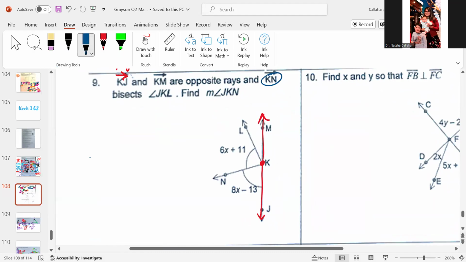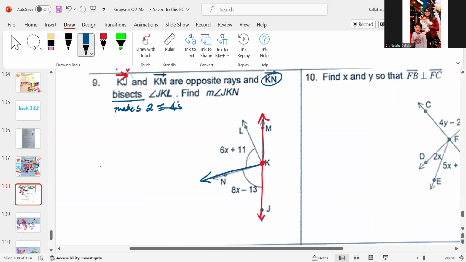KN bisects. What does the word bisect mean? Like it splits it. So it makes two congruent angles, correct? JKL is right here.